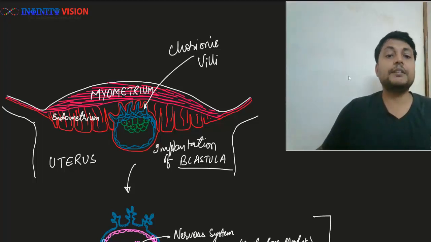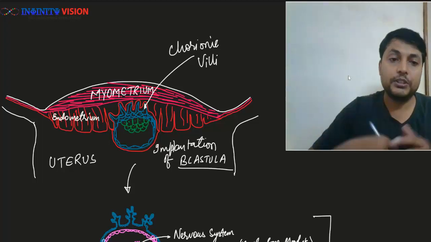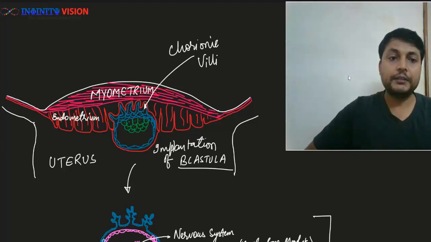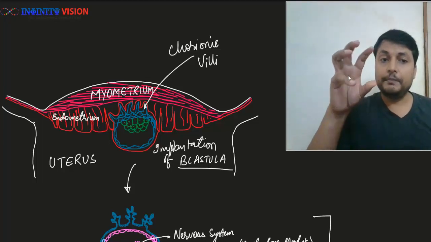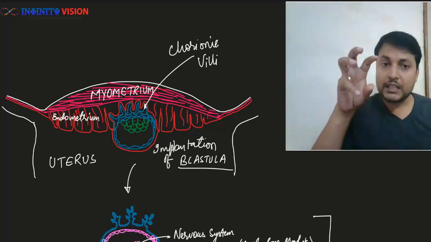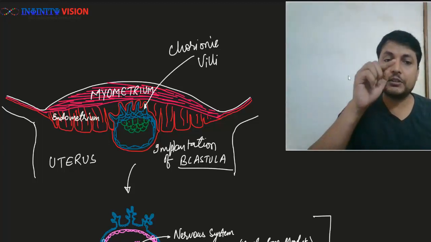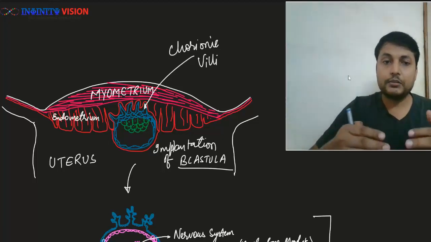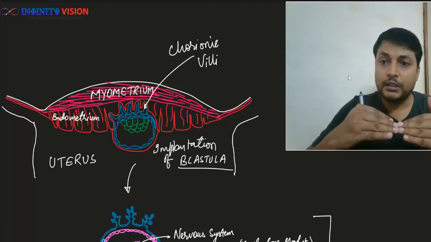Implantation preferably occurs in the fundic area of the uterus. This is the upper fundic area and the red part is the endometrium. The blastula has implanted here, and the red line is the upper closing layer, so it is completely covered by the endometrial layer.